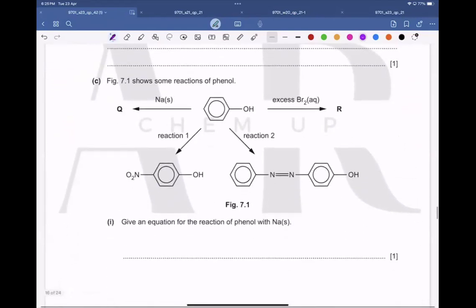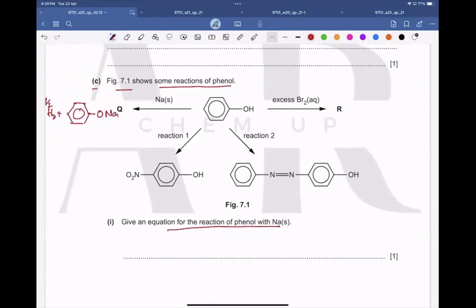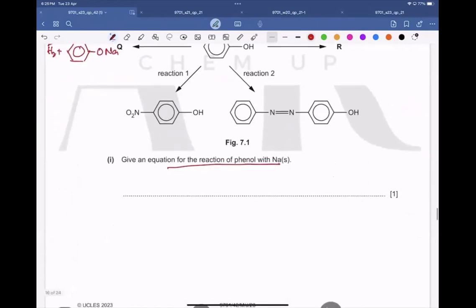Now, part C. Figure 7.1 shows some reactions of phenol. Given the equation for the reaction of phenol with sodium. For sodium, if you recall, H is substituted by sodium and we get half a mole of hydrogen gas. So we have to write the equation here.